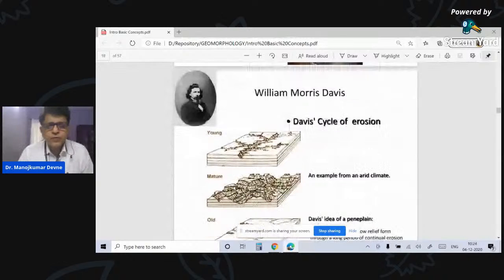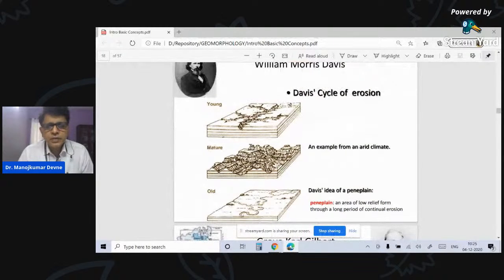Thus this is something that we have in our syllabus, the Davisian cycle of erosion. He says that a river passes through three stages: young, mature, and old. A landscape comes up due to constructive processes, and then destructive processes start operating on it and degrading the land. It grows gradually from young to mature and eventually old.